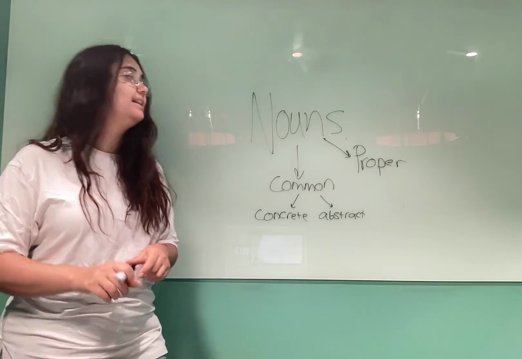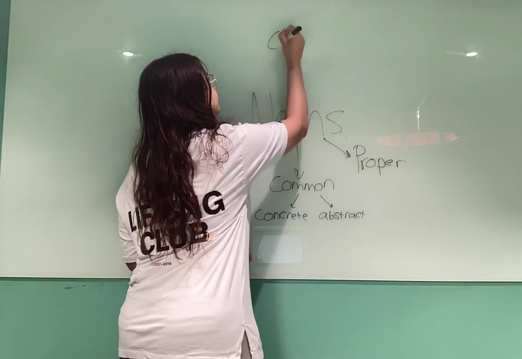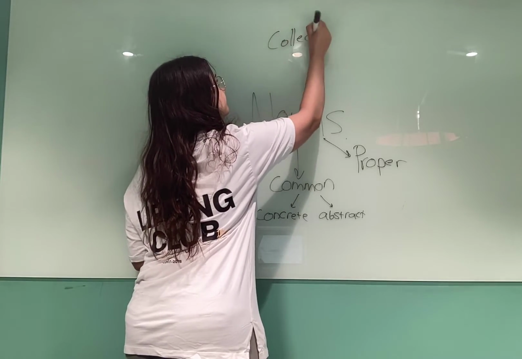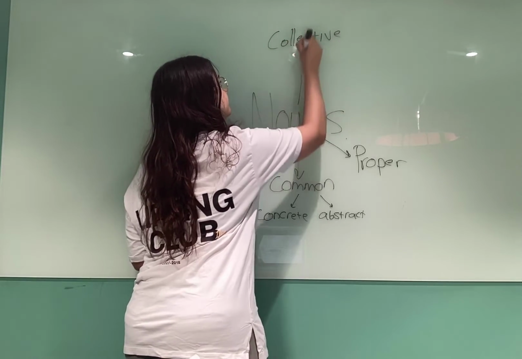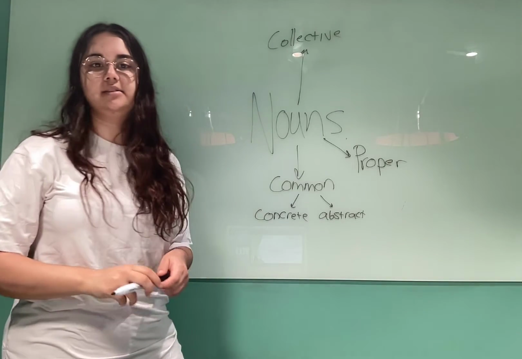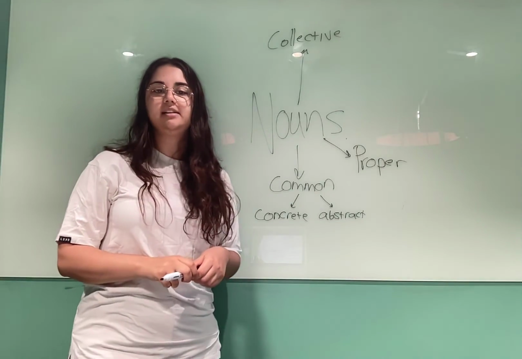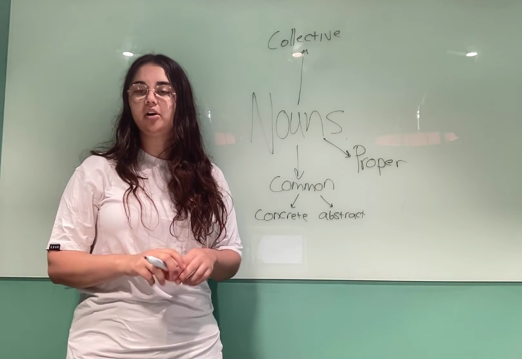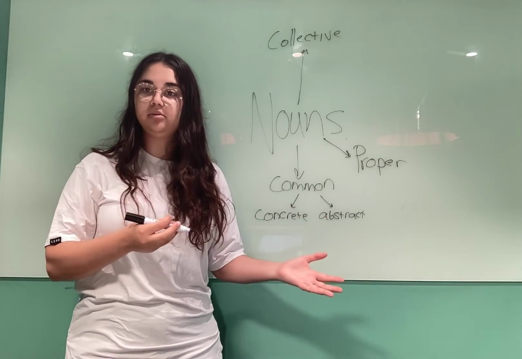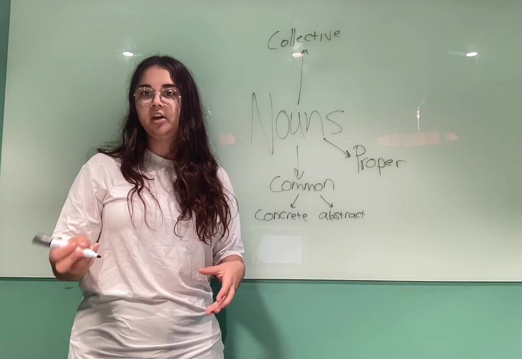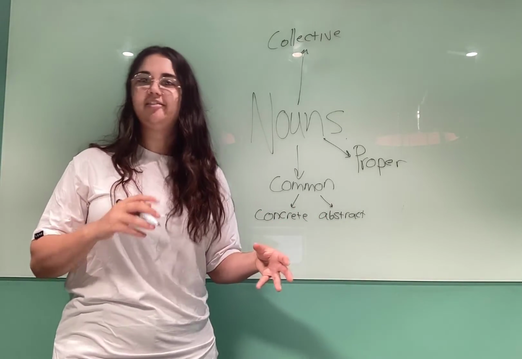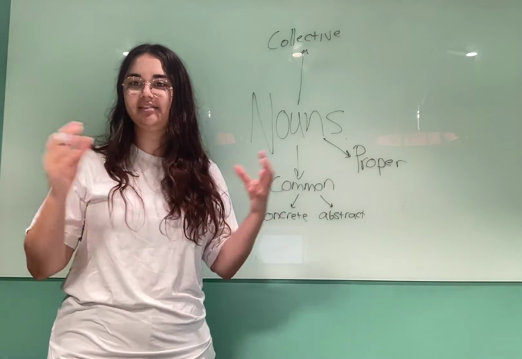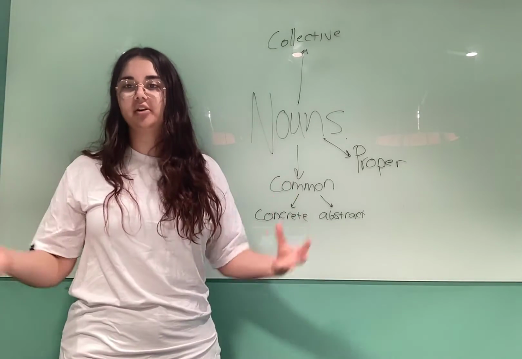Then we have collective nouns. Collective nouns are names of groups of animals, people, and things. So you may have done some exercises even in primary school where you learned about the different names for groups of things.